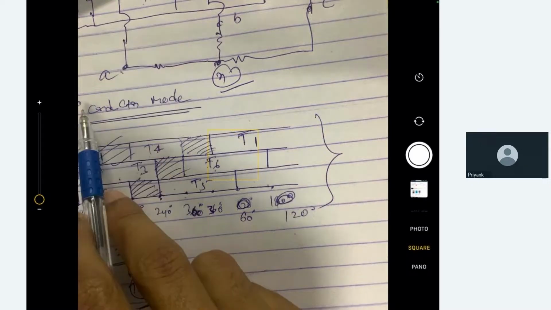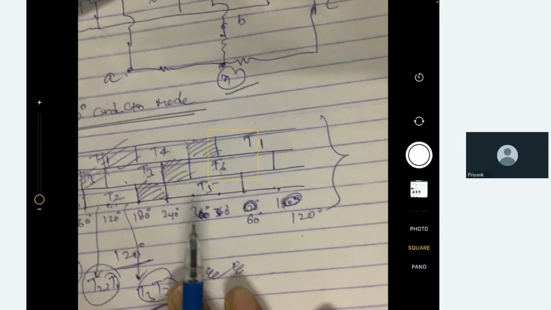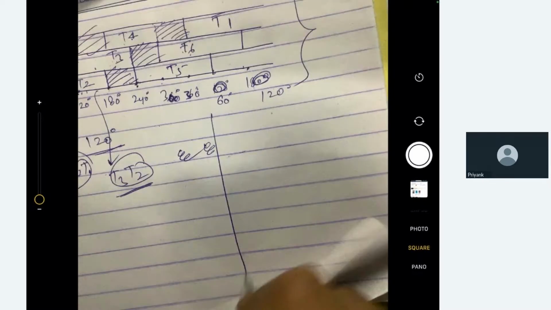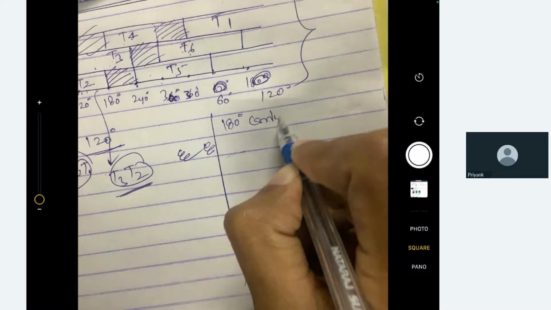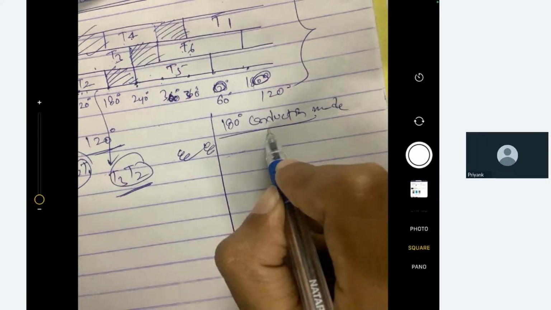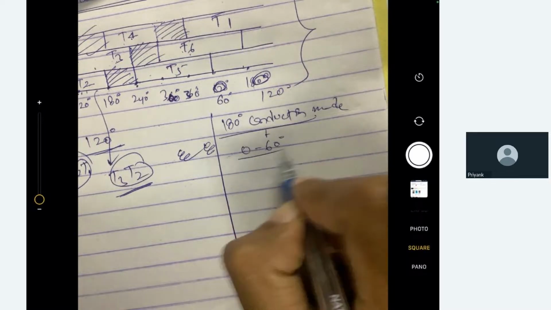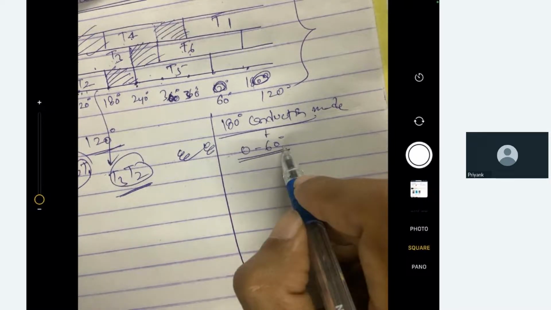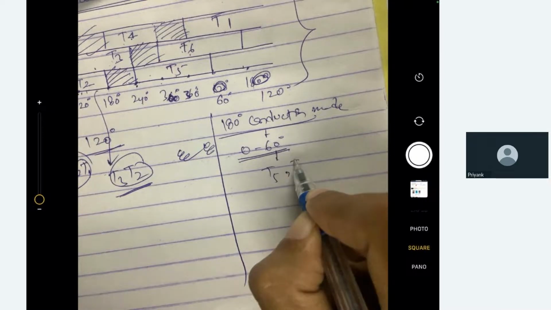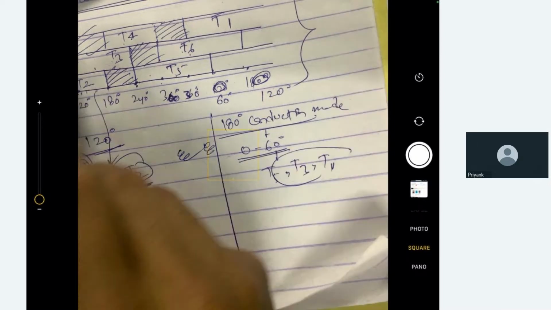So for 180 degree conduction mode, let's draw the diagram again. From 0 to 60 degree, which switches are conducting? T5, T3 and T1. I have modified this diagram for 120 degree.